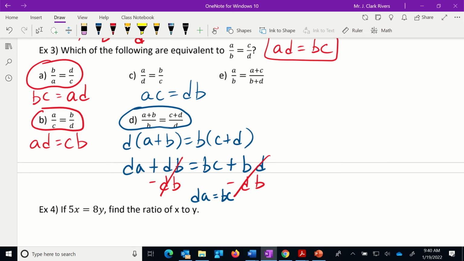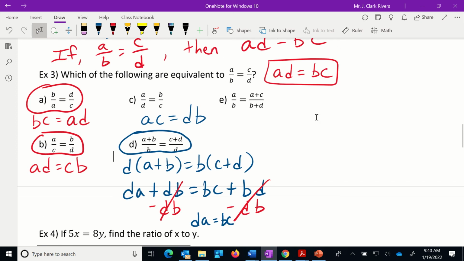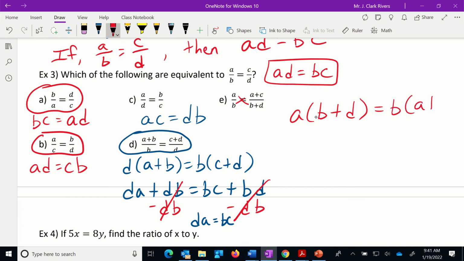Questions on that? We had to distribute. We noticed we had the same product on both sides, which allowed us to eliminate them. There you go. E, the extremes, that's A multiplied by B plus D equals the means, that'd be B multiplied by A plus C. We distribute and we get AB plus AD equals BA plus BC.